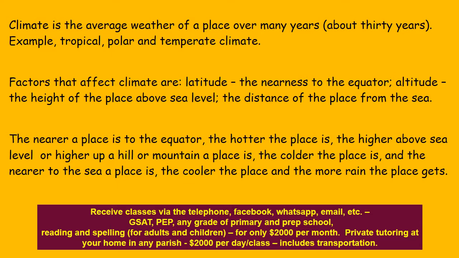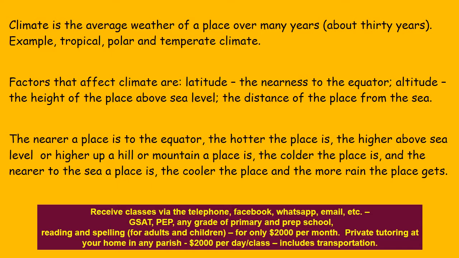Polar is the opposite. Polar climate is the complete opposite. Polar climate is very cold most of the time throughout the year. And temperate climate is somewhere in between hot and cold.